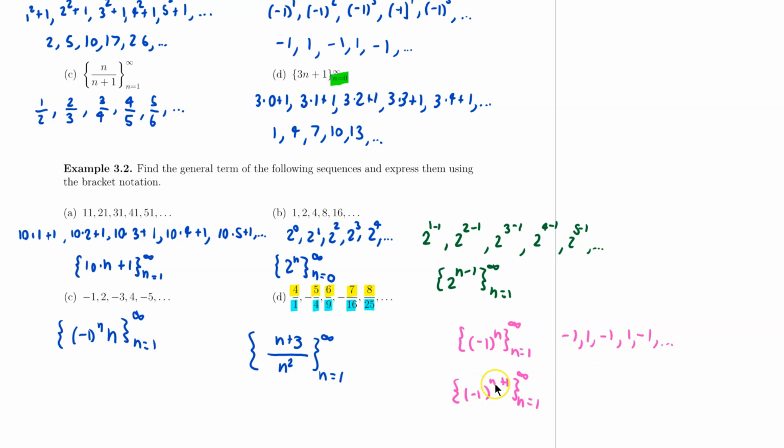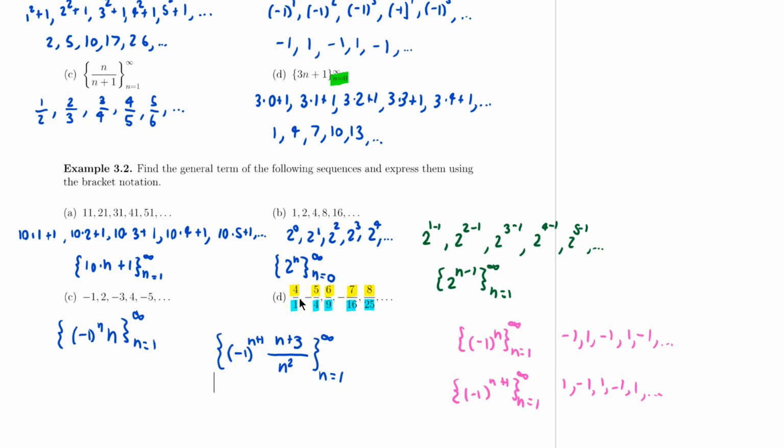So negative 1 to the 1 plus 1, that's negative 1 squared. So now my sequence is going to start off with 1. So this is going to be 1, negative 1, 1, negative 1, 1, and so on, which is kind of what we see here. So I'm going to also put in my bracket here negative 1 to the n plus 1. So here is my answer for part D.